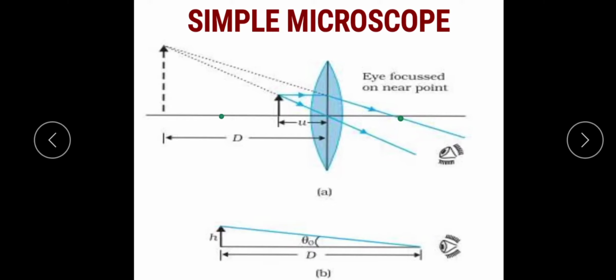That is the magnifying power, or angular magnification, of a simple microscope. This is the one definition.